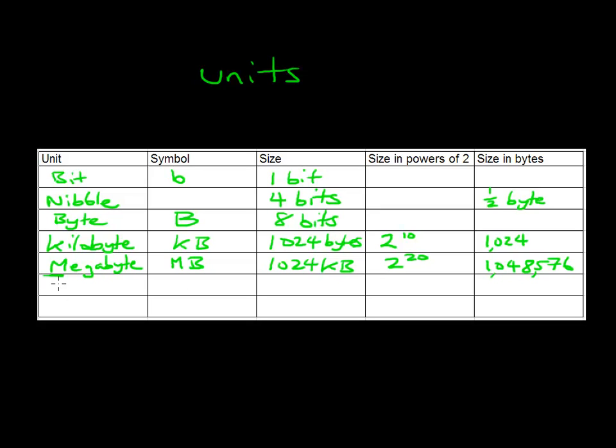Then we've got gigabytes, and a gigabyte is GB, and that is 1024 megabytes, or 2 to the 30. If you do 2 to the 30, you get a massive number, which is 1,073,741,824.